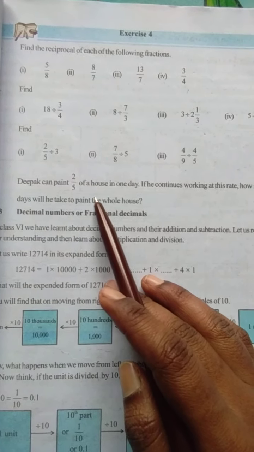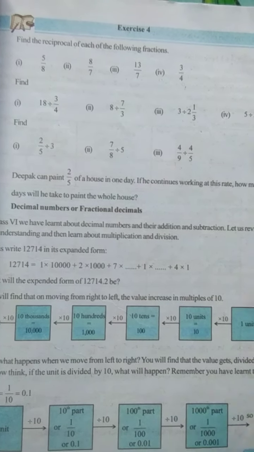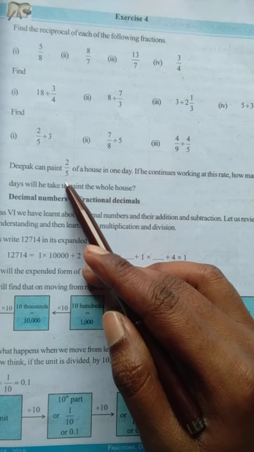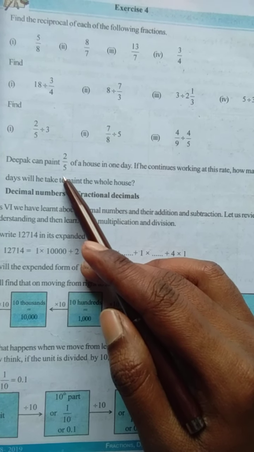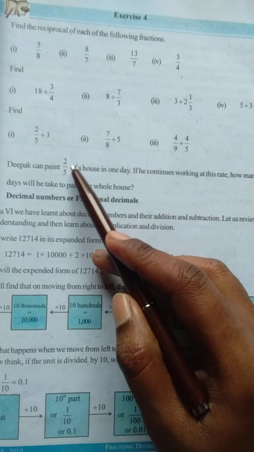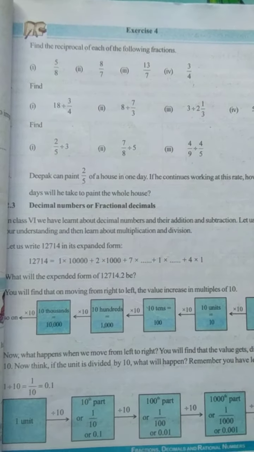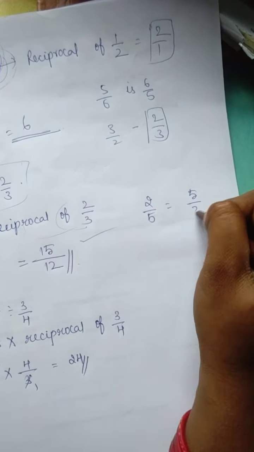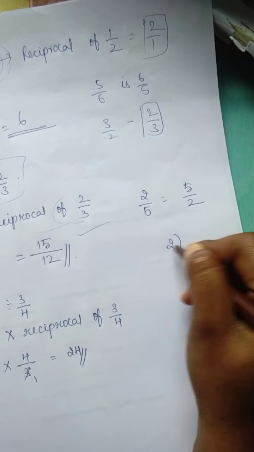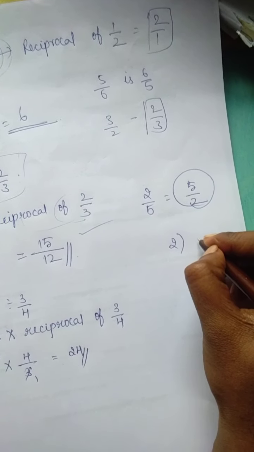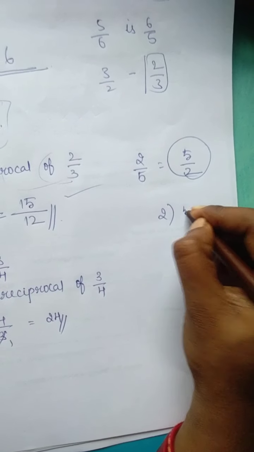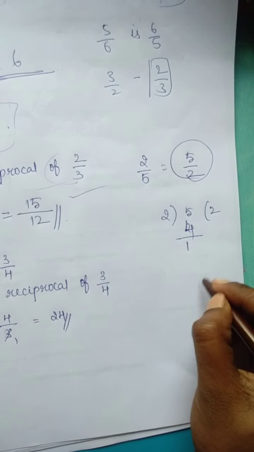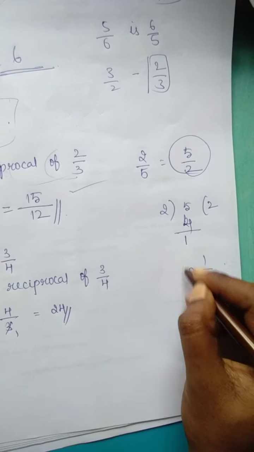And see the fourth question. Here 2 by 5 is there. This 2 by 5 can be written in the form of how? You have to write down the reciprocal of 2 by 5, which is 5 by 2, and you have to write this in mixed form. 2 2s are 4, you will get 1, so 2 1 by 2 is your answer.